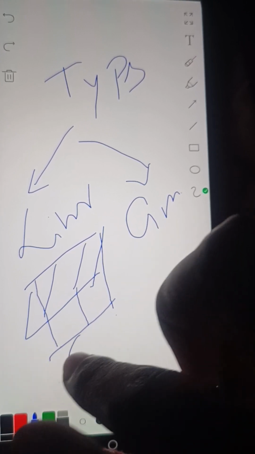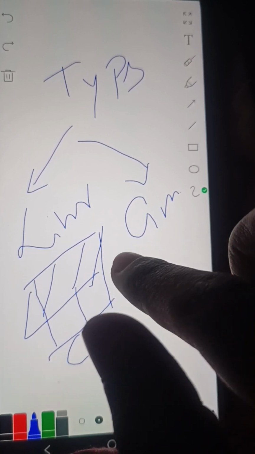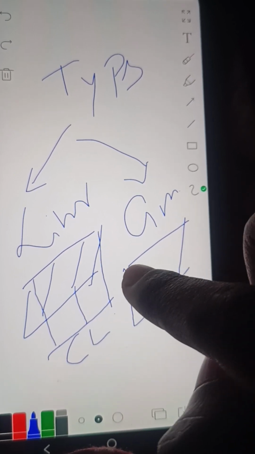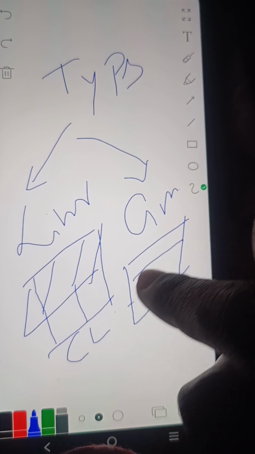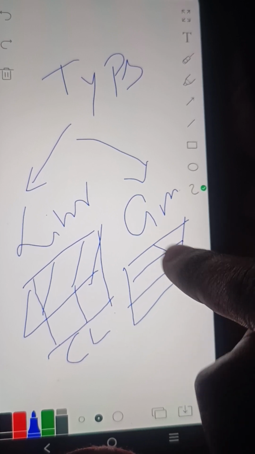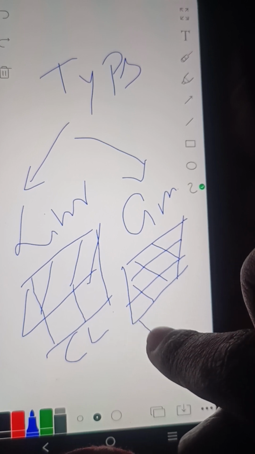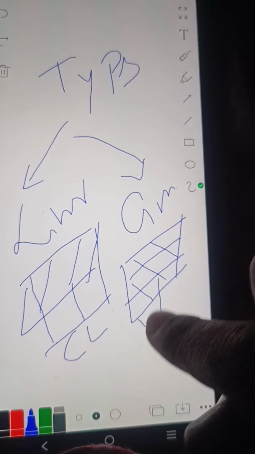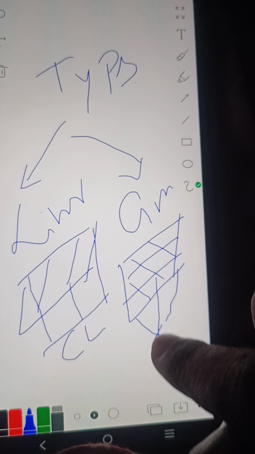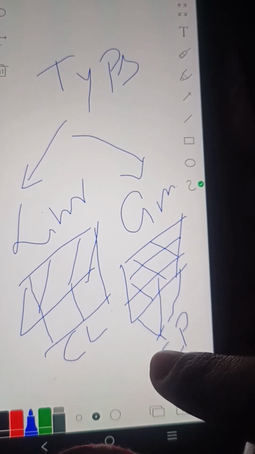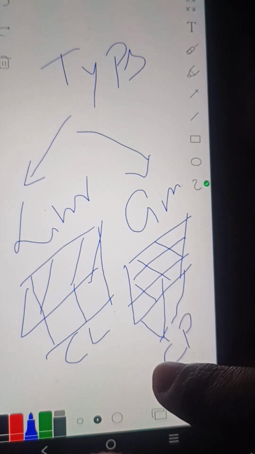This is a convergent line. But what is a cross grid? When two linear grids are kept perpendicular to each other, that focuses in a convergent point. This is a convergent point.